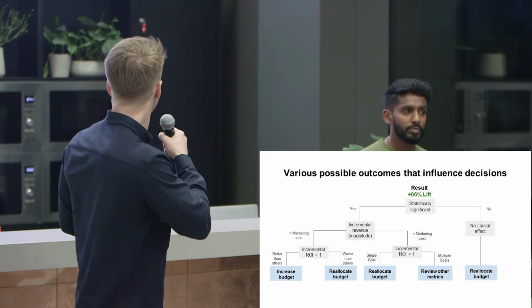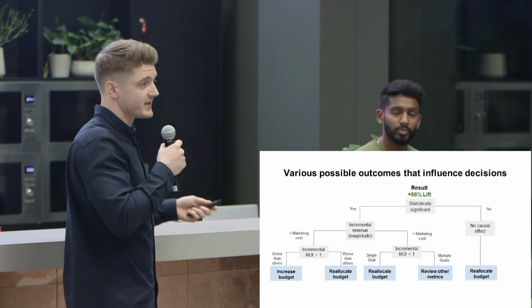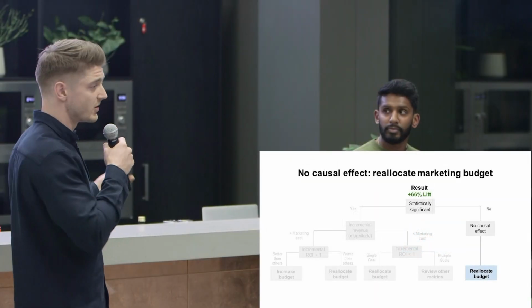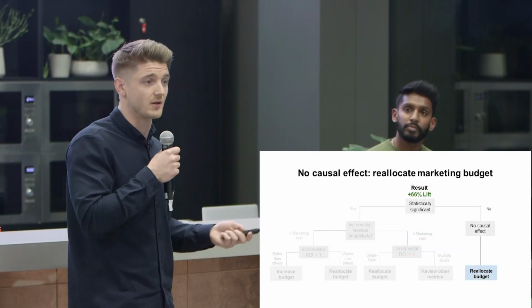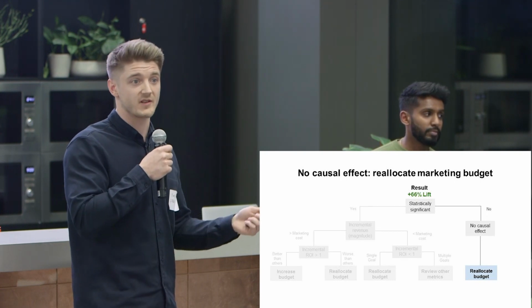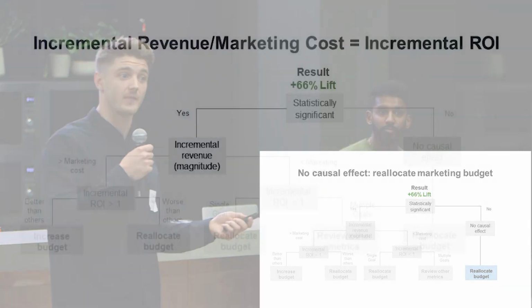You start out by figuring out whether this is statistically significant or not. If it isn't, and so your chance of a false positive isn't low enough, then assuming your test has enough power, you can conclude that there's no causal effect here. So you're most likely to switch off this partner and reallocate this budget elsewhere.